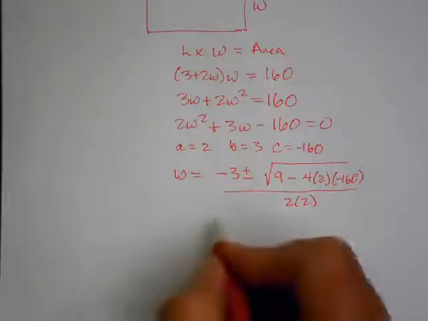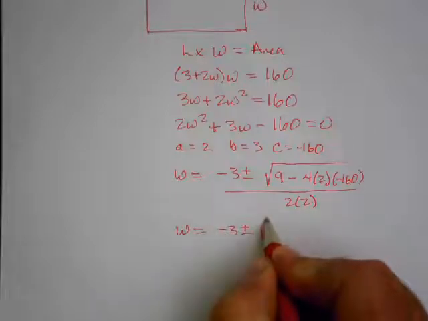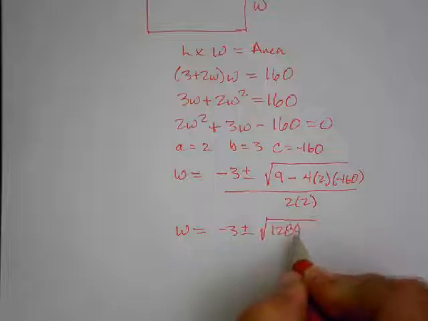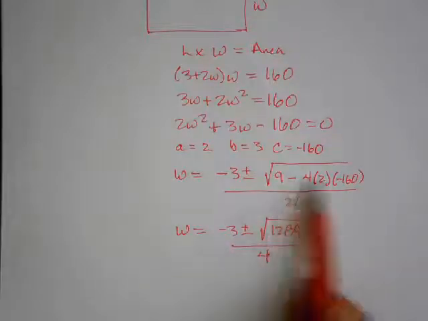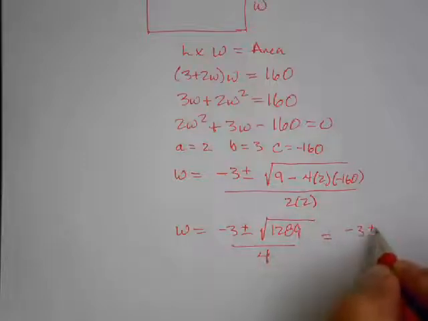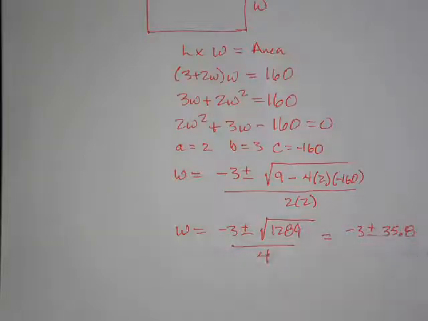This will get me to note negative, negative, so that'll become add. And again, I'm going to estimate, so basically this is going to be 35.8 when I take the square root of that, not quite the 36 all over 4.